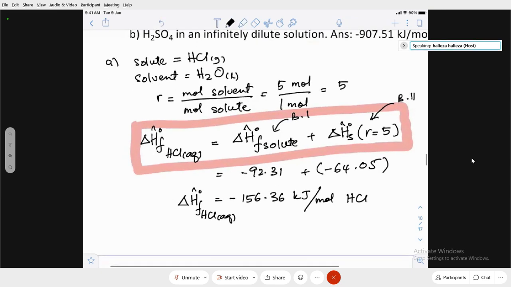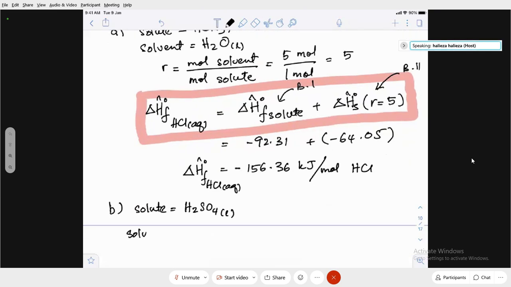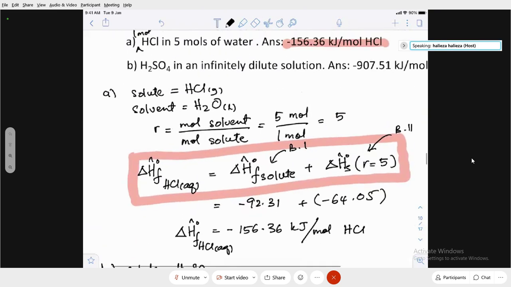For part B, your solute is sulfuric acid, which is liquid. Solute equals sulfuric acid, liquid, and your solvent, as always, is water, unless stated differently. That is always water. Now it's liquid. And what is given? Infinite dilution.